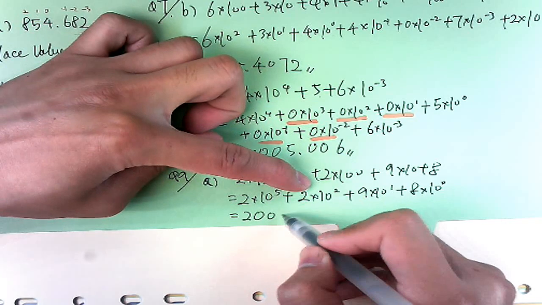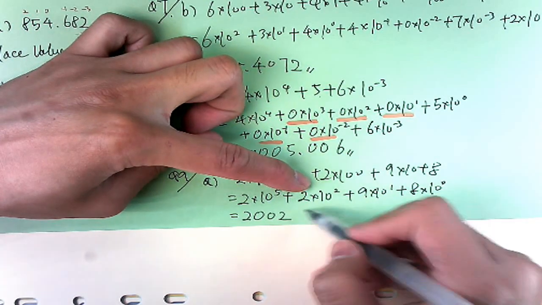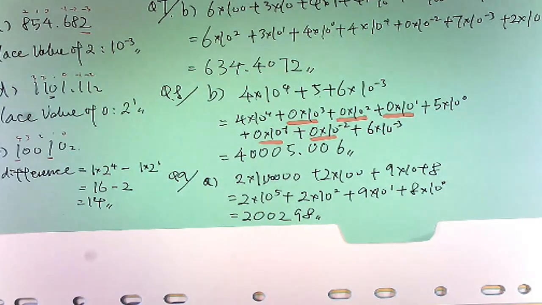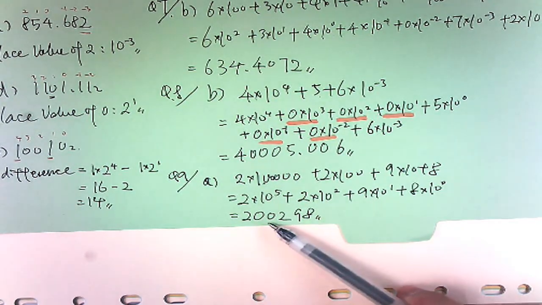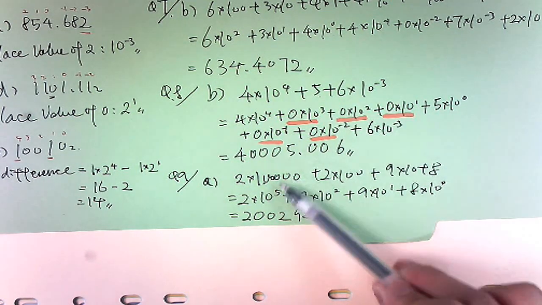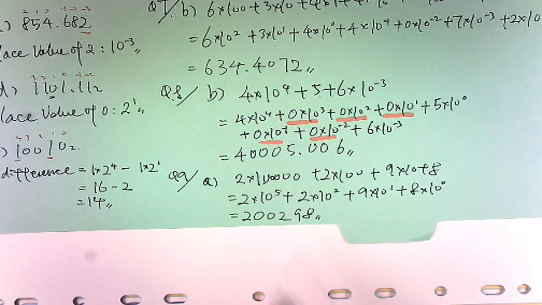Next is 2, okay, we have 2. And then next is 1, we have 9, and then 8, understand? Okay? If you feel very strange to do this, or very difficult to do this, you have to do it like this, okay? Add up some term in between, make it 0, okay? So keep going on.